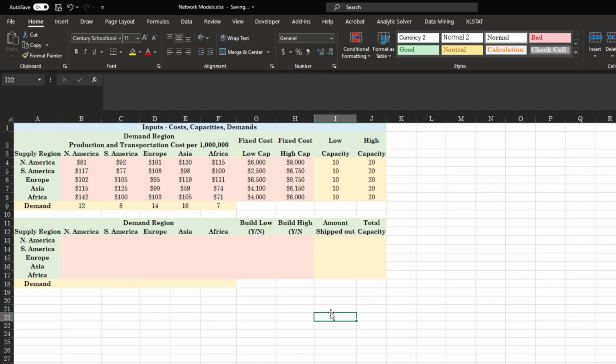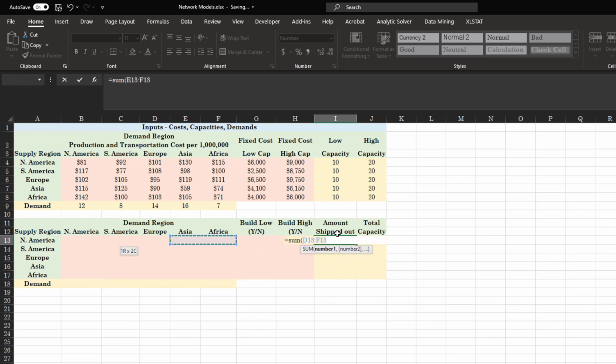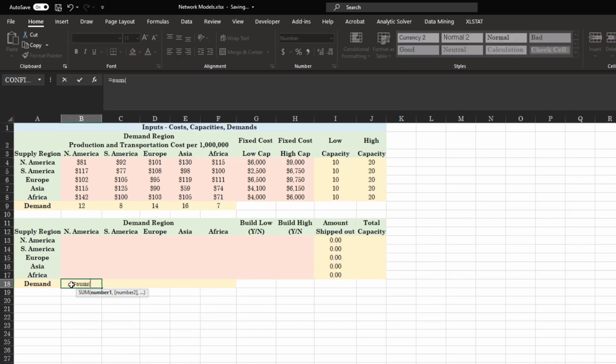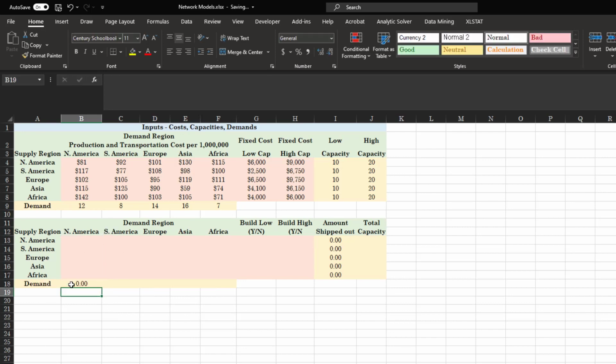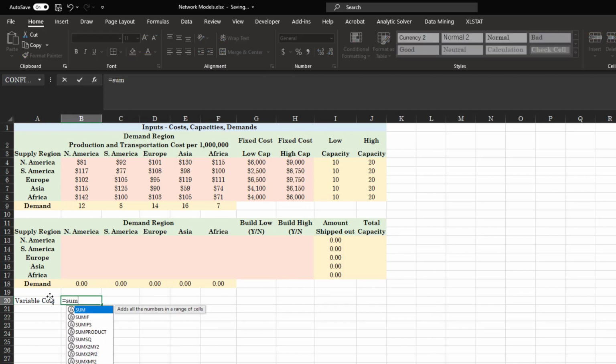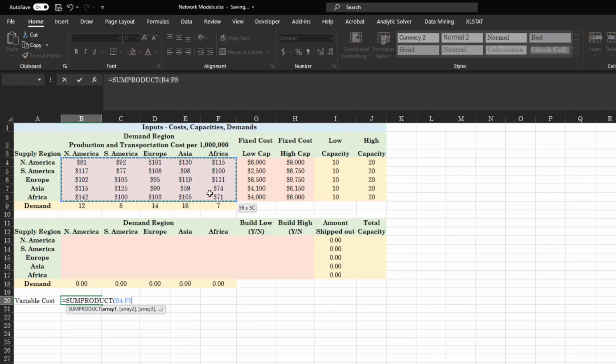So let's go ahead and format this. This will be number, not currency. Your total amount shipped out will be the sum of the demand regions. You can copy this all the way with copy formula. Similarly, your demand, or total amount shipped in, is going to be here, and you can copy all of these here. So your variable cost is going to be the sum product of all your variable cost per unit multiplied by how many units you're actually shipping.